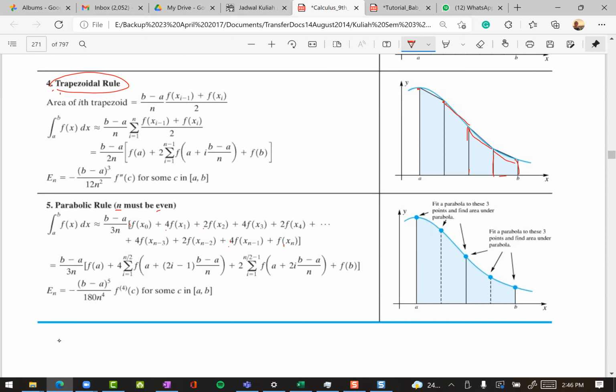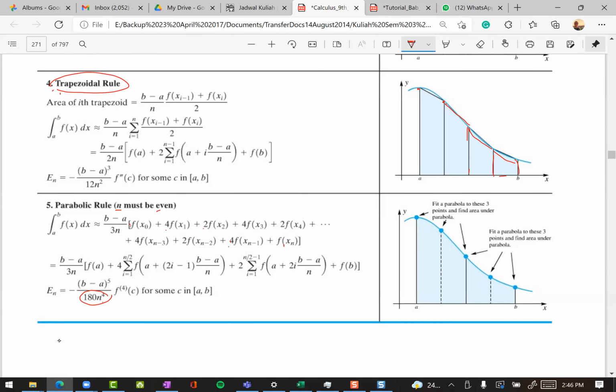Now you see that, n to the 4th. So if we were given a question about the integral, the method we use depends on the question itself.